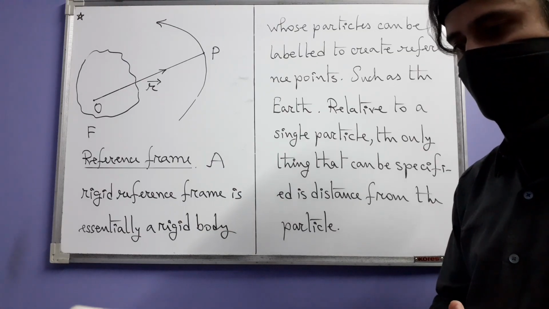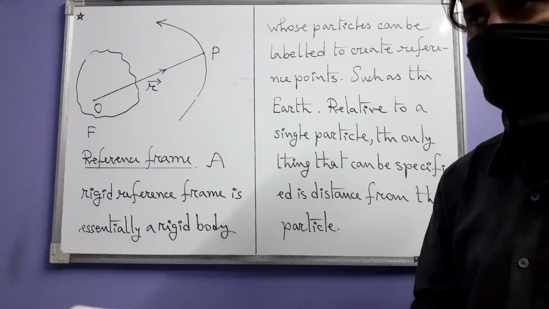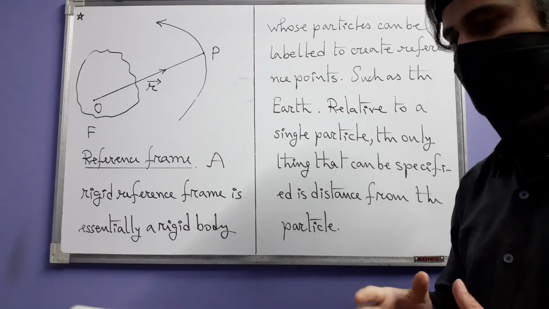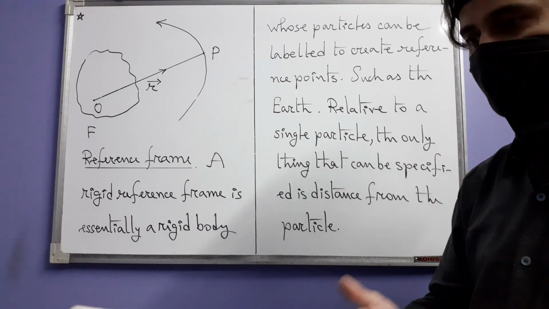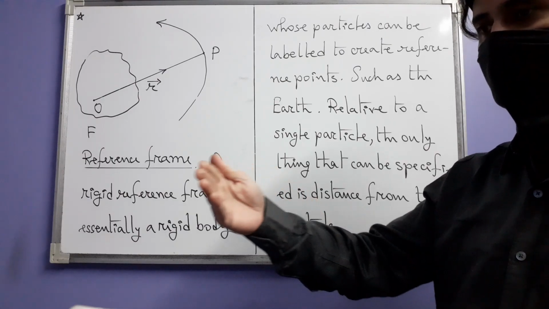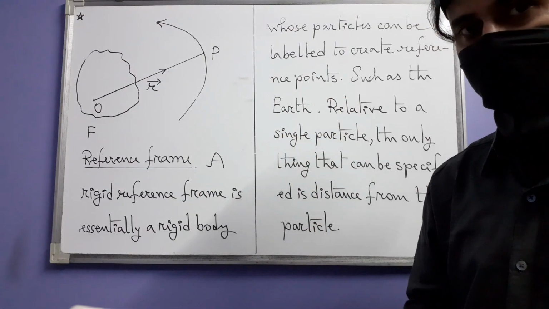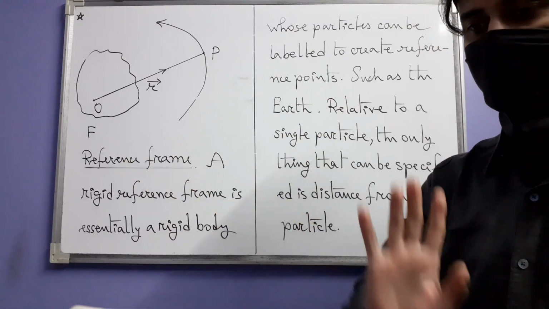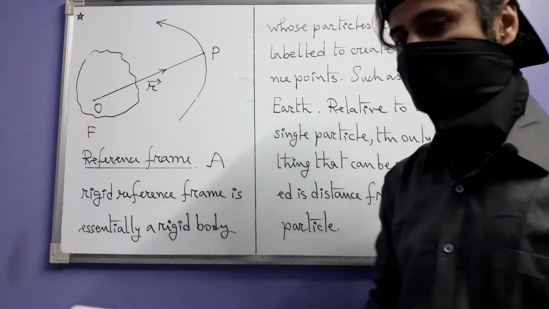Motion only makes sense when there is a way of measuring it, and more fundamentally when there is a way of seeing that you are moving, and that always involves looking at something with respect to which you are moving, right? There should always be a reference. Now why can that reference not be a single point?